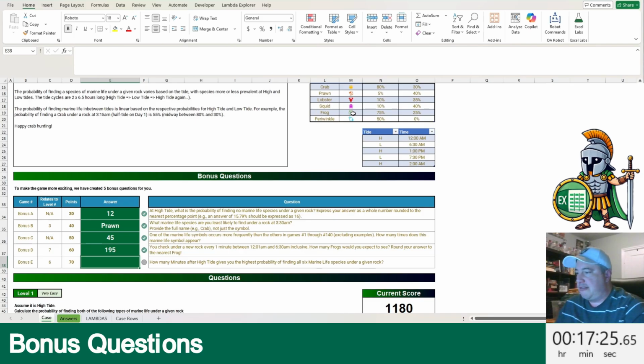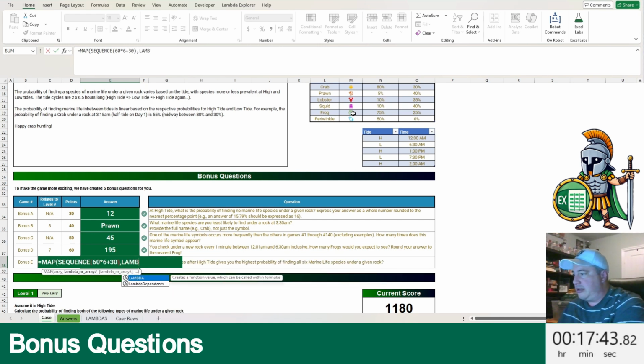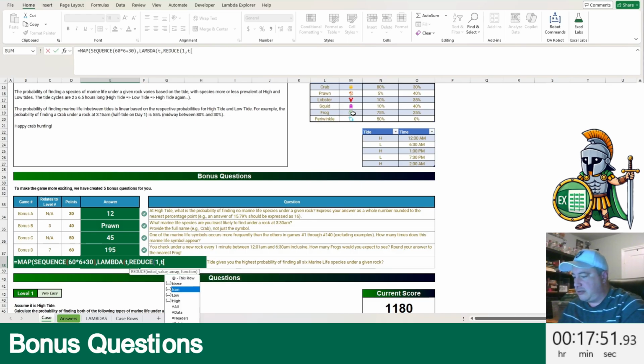How many minutes after high tide? Do the same sequence again. Probability of finding. So we're going to reduce after each one. So we'll say equals map sequence 60 times 6 plus 30, and T for time. At each time, then I want to reduce from 1 using all the animals.